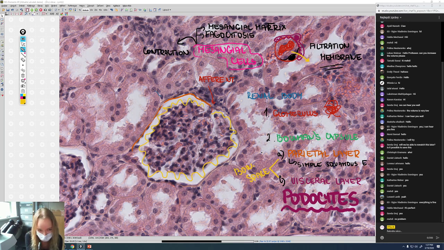We know there is some space between the podocytes and the other parts, so you can also describe Bowman's space how I'm drawing the lines, but we're going to see that on the electron microscope picture. When you describe it in light microscopy, just draw it like here. This is the Bowman's space, where we're going to have the primary urine filtrate, which goes from the blood flow through the filtration membrane to Bowman's space between the layers.